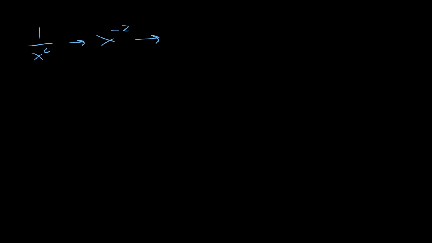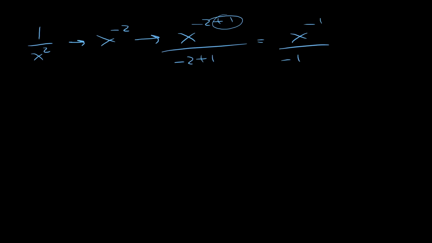The way for us to solve this is the exact same way as we have been doing before. So x, you're going to add 1, so minus 2 plus 1. So this is x minus 1, this is minus 1. It's the same thing as having minus 1 over x.